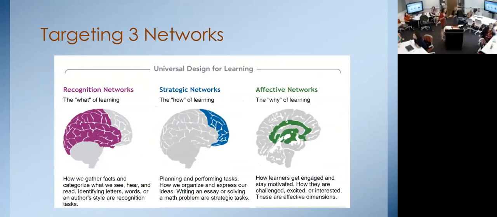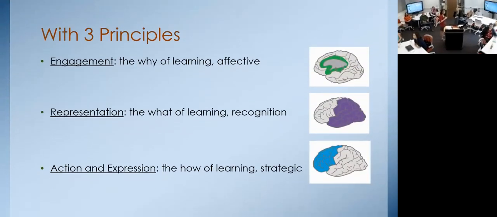So 20 years ago, we uncovered this information through research that each of us learns through 3 different neuroprocesses, and universal design utilizes these processes through 3 principles. The 3 principles of universal design are engagement, representation, and action.